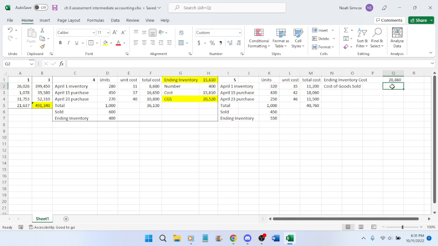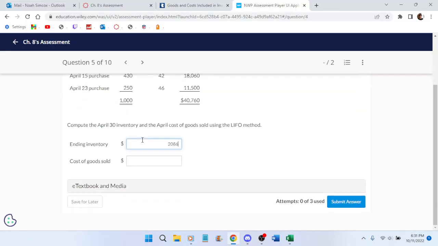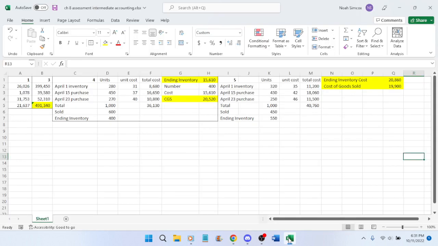And then cost of goods sold is equal to, now you have sold 450, start at the end, this plus this minus, you already did this, times this, and you're good. $2,860. $19,900.